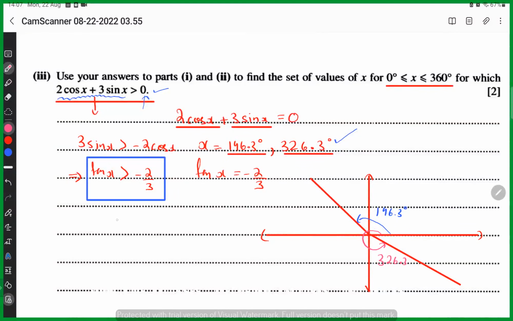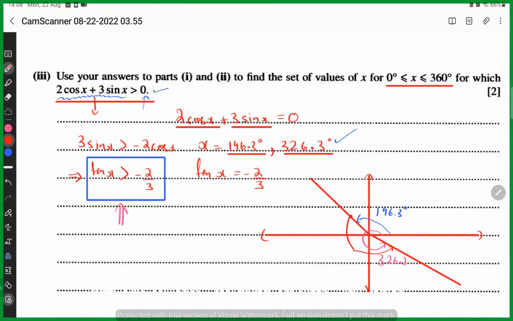Now if I say that tan x is greater than minus 2 by 3, think about it as a general inequality that we have already been dealing with in O levels, and even in the functions chapter where we discussed linear and quadratic inequalities. You would be able to see that this refers to this part.